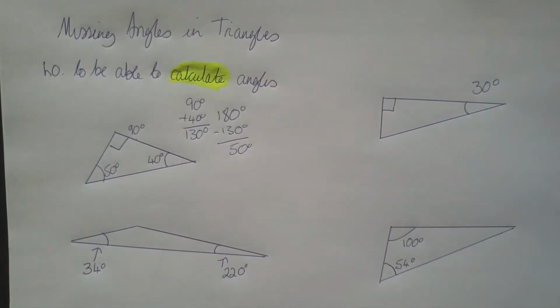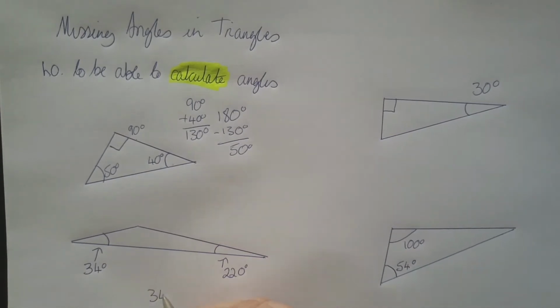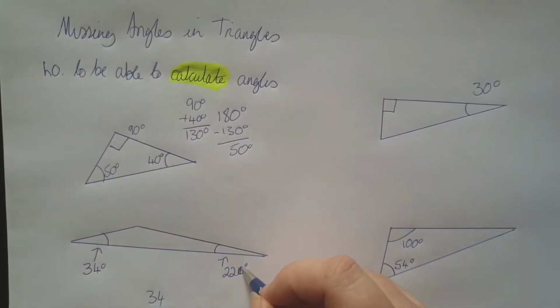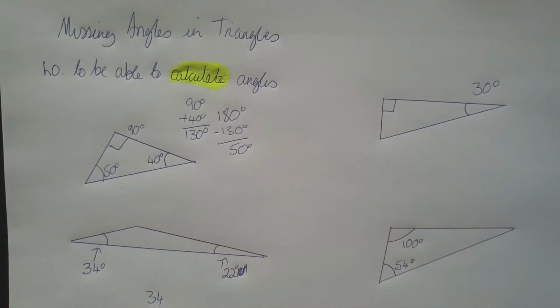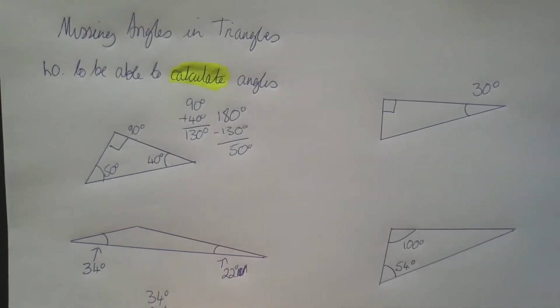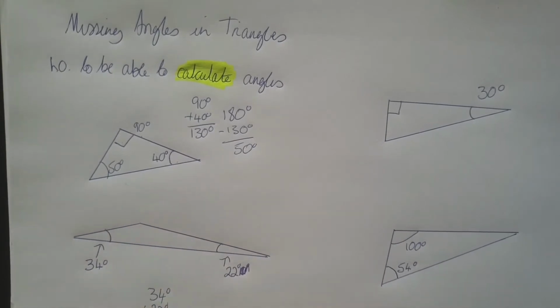Same principle on this one, but this time we're given two angles. We've got an angle of 34 degrees, and that is not 220, that's 22 degrees, excuse me, 22 degrees. Again, add them together.